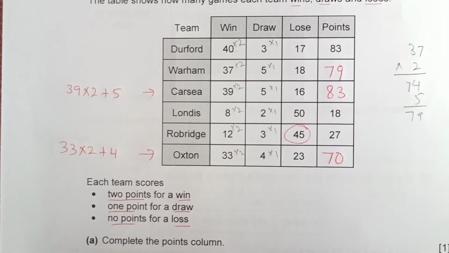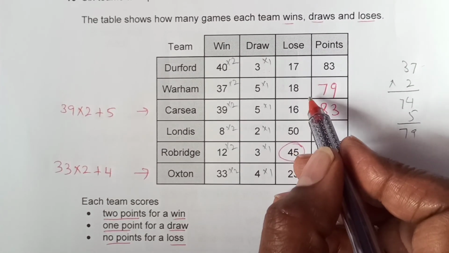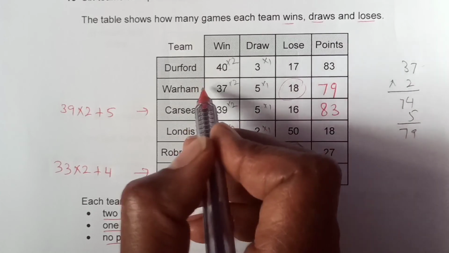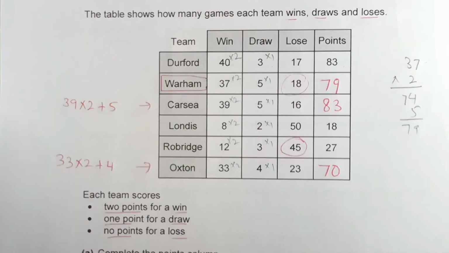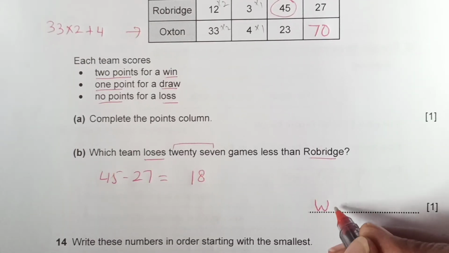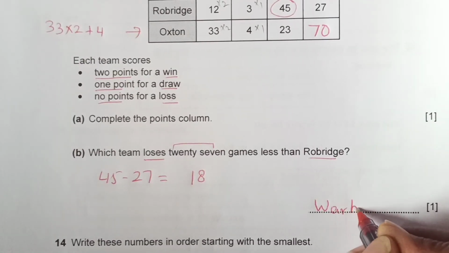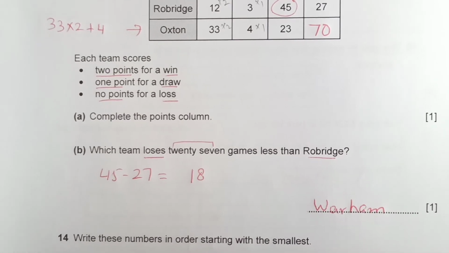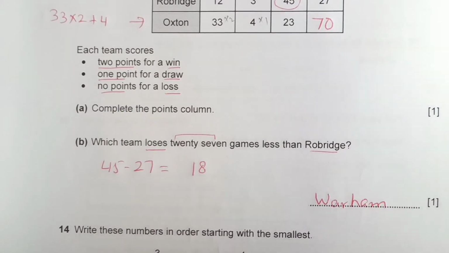So 45 minus 27, it is 18. So who loses 18 games here? What name is that? Warham. We will write it down here. I hope you understood this.